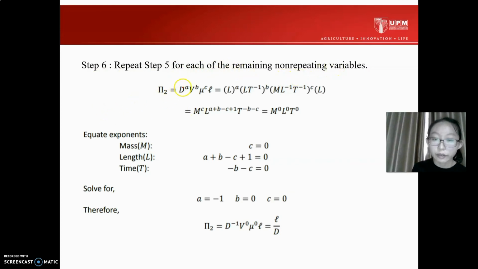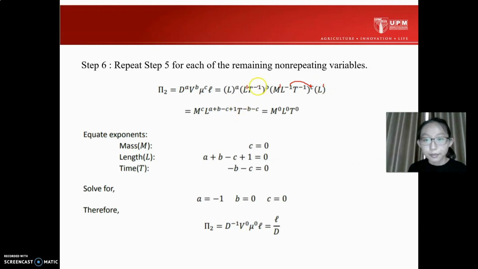So it's equal to D to the power of A, V to the power of B, viscosity to the power of C, and length is equal to length to the power of A, L per T to the power of B, M per L T to the power of C, and L. So M is C, M1 times C is C. L: A, 1 times B, A plus B minus C and 1 plus 1.